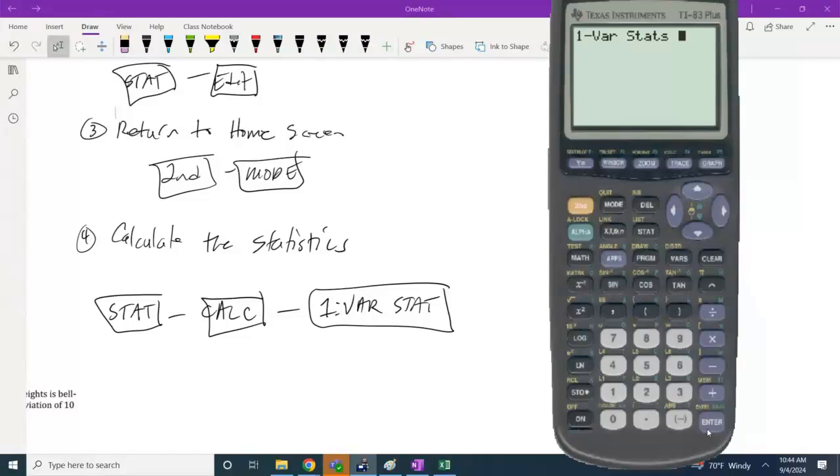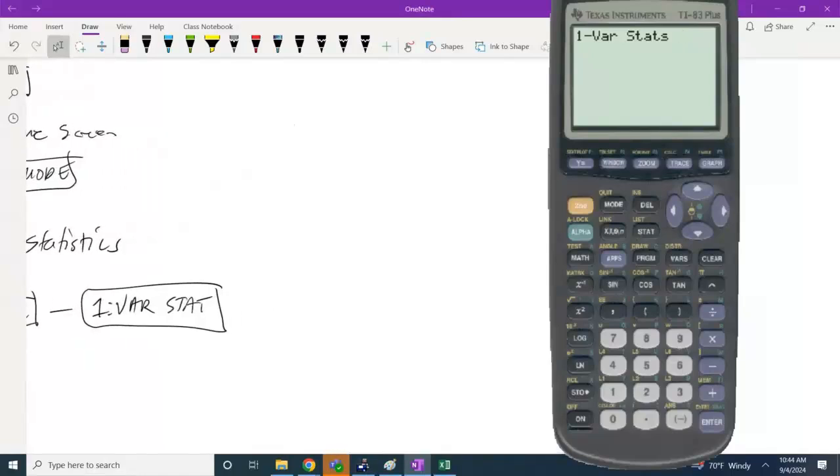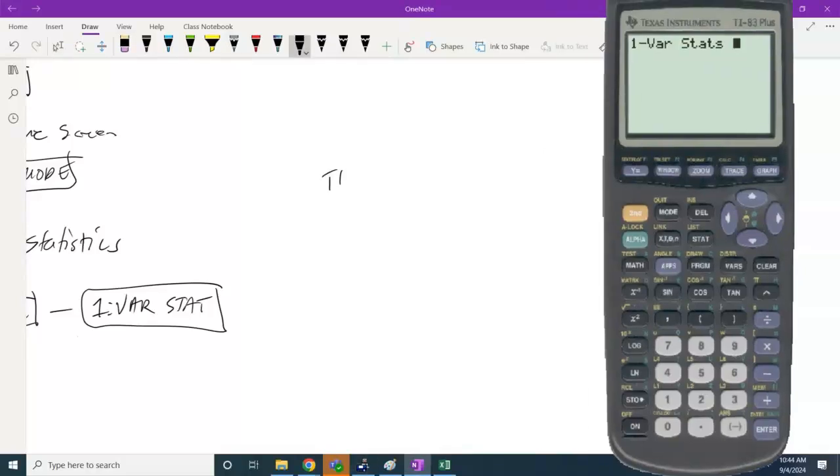Now, if you have a TI-84, your calculator may look a little bit different. You've got list and frequency list. For list, you want to put in L1, and for frequency list, you want to put in L2.